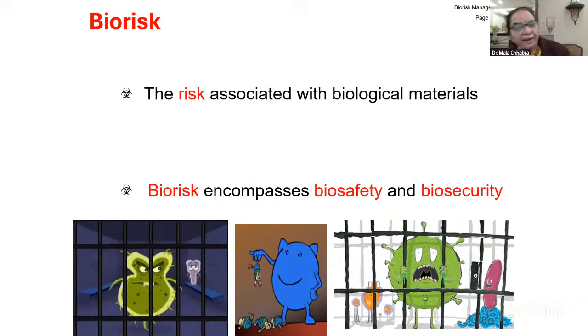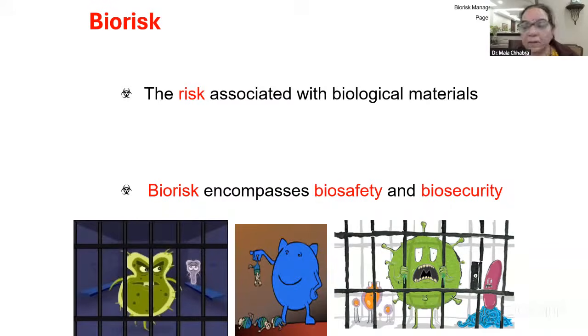On the other hand, biosecurity is saving these pathogens from dangerous people, people who will misuse those organisms. So you have to secure these organisms in a way that they don't fall in dangerous hands.